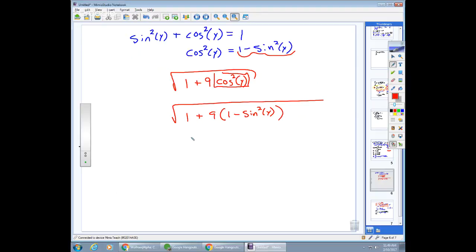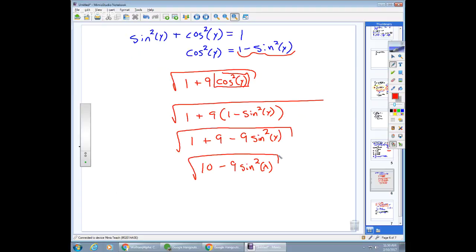Distributing the 9, I get 1 plus 9 minus 9 sine squared of y. That's all in the root, right? 1 plus 9 is 10, so I get 10 minus 9 sine squared. So the Pythagorean identity kind of makes it a little bit worse. I traded a 1 for a 10 and a cosine for a sine.